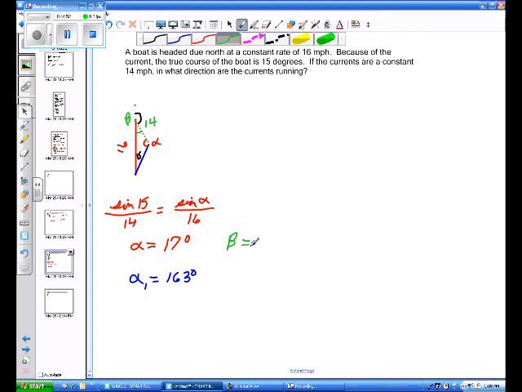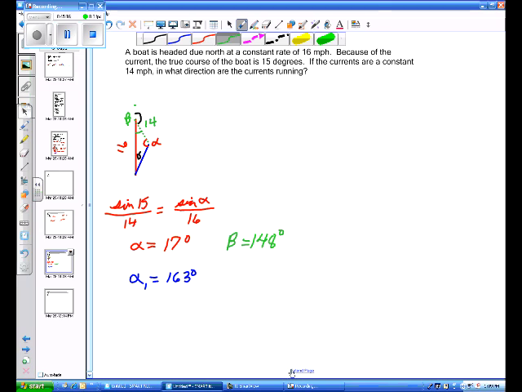So beta, and remember that angle we're talking about is what's inside, would be 148 degrees. Now, that's the angle inside. To know what the currents were running, remember we're going to have to subtract that.